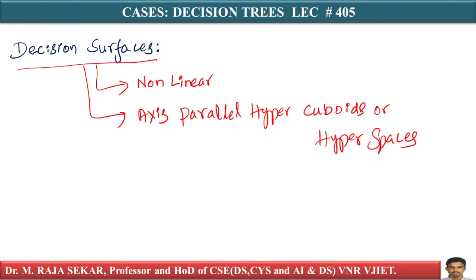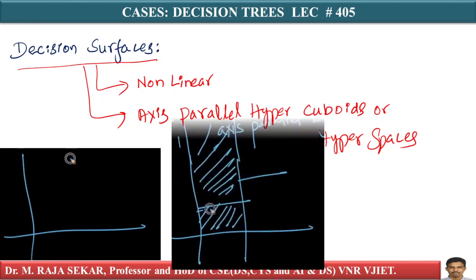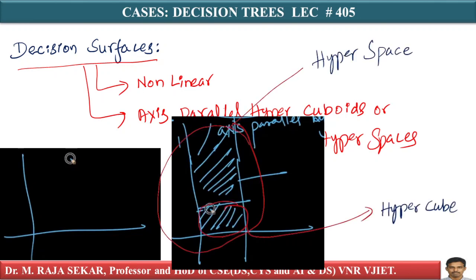If you have a region like this, and I break it up like this, what is this? This is a hypercube. This entire thing is known as hyperspace. Decision surfaces are completely non-linear.